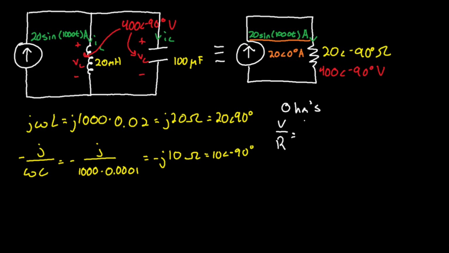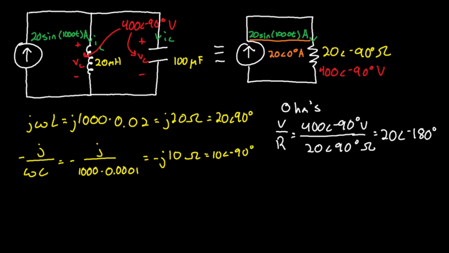Well, the voltage is 400 negative 90 degrees volts, and the resistance at this inductor would be 20 90, right? That's our calculated impedance for this inductor. If we divide 400 by 20, we get 20. Negative 90 minus 90 is simply negative 180 degrees.